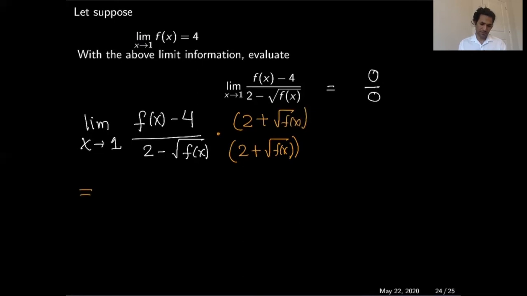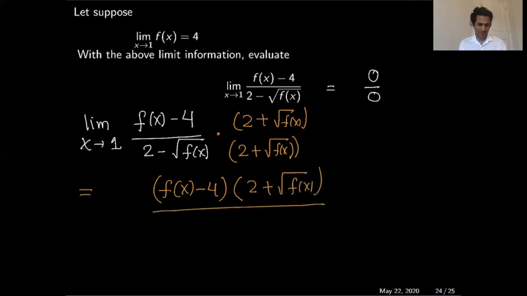Let's simplify the top and bottom. There is no need to simplify the top, but we can simplify the bottom. Since this is multiplied by its conjugate, it's just the square of the first number minus the square of the second number, which gives you 4 minus f(x).